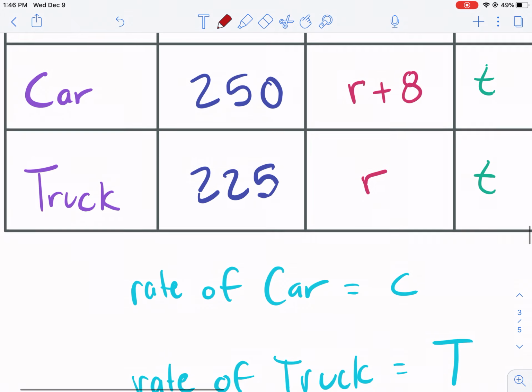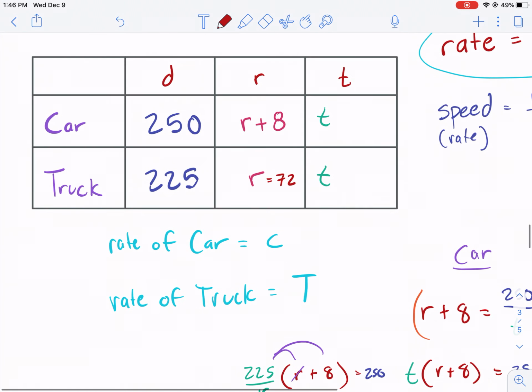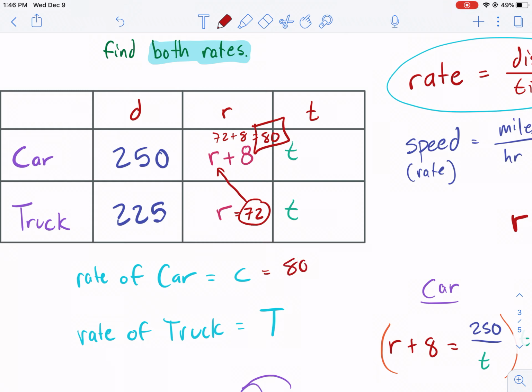Then we plug this back in, 72 for R, and do 72 plus 8 to get our rate of the car, which is 80. So our car's speed is 80, but we need units: 80 kilometers per hour, and the truck is 72 kilometers per hour.